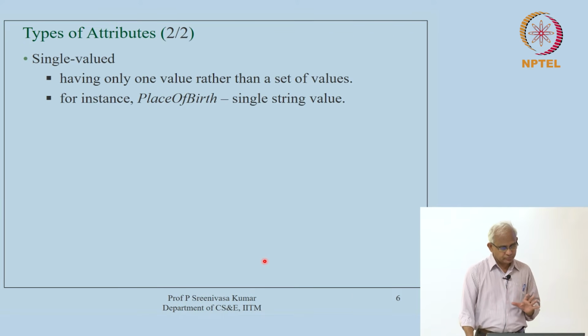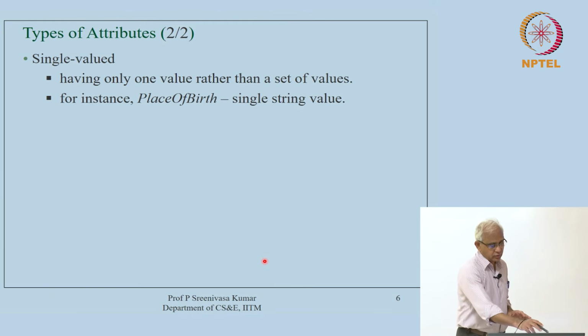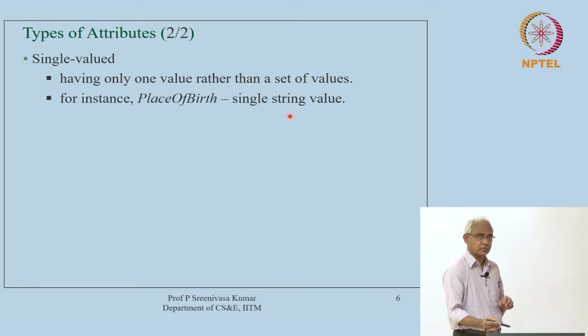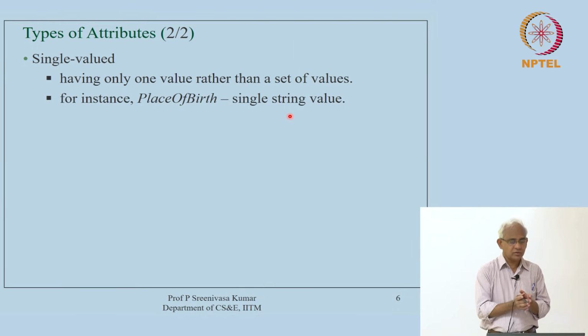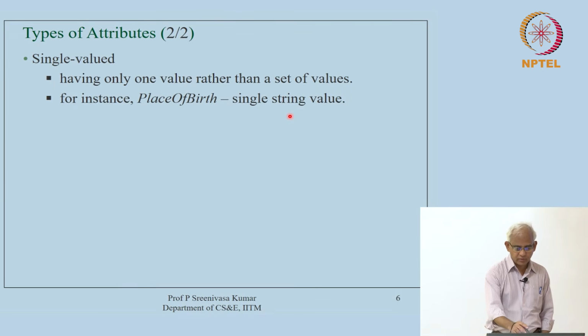Single valued means the attribute has exactly one value rather than a set of values. For instance, the place of birth is a single valued thing. You cannot have two places of birth, right. So, by its very nature, the place of birth attribute has exactly one value. It is a string value.